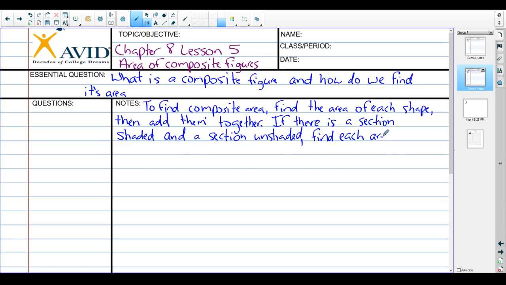Find each area and subtract. There's a whole lot of words to say. Find the area of every little part and then add or subtract appropriately. And we'll talk about how to do adding and subtracting appropriately in a little bit.